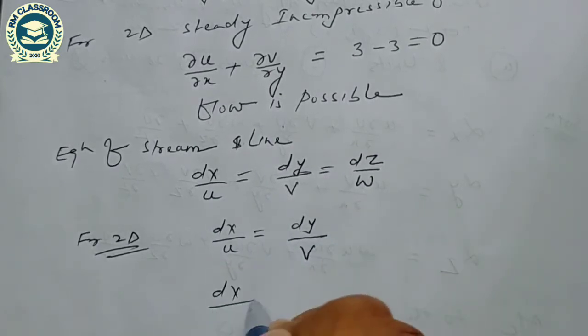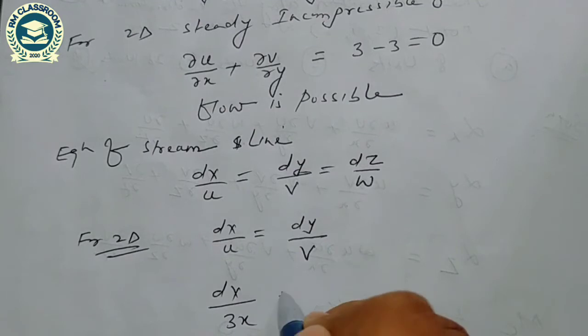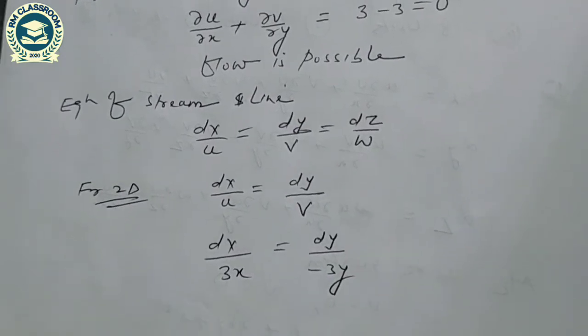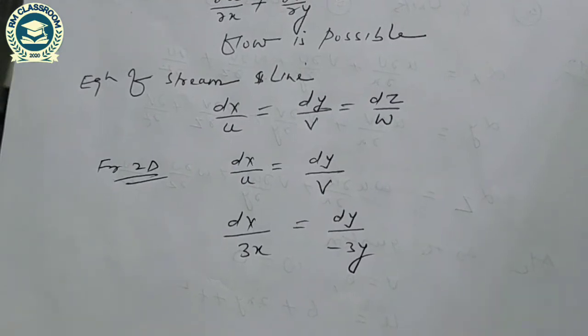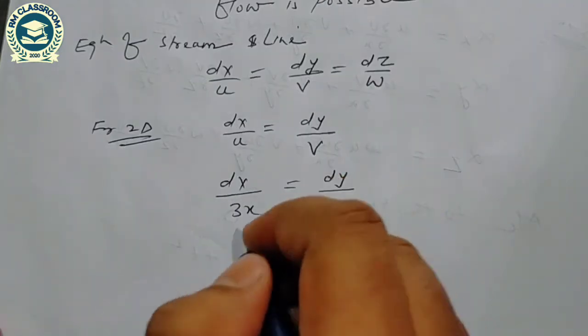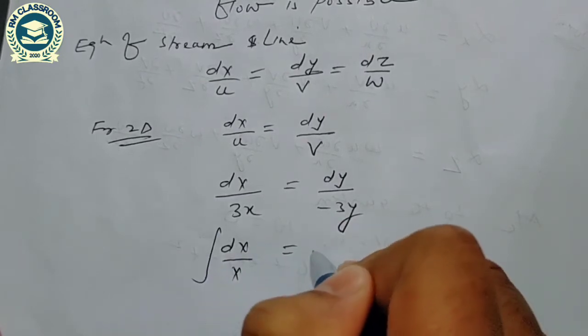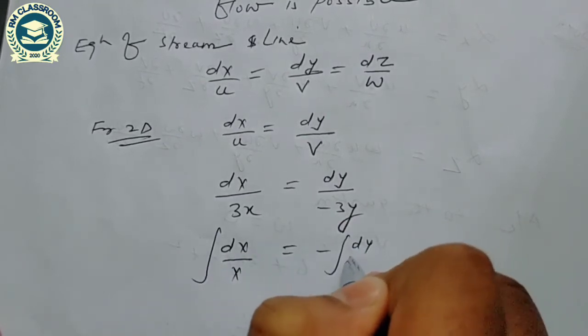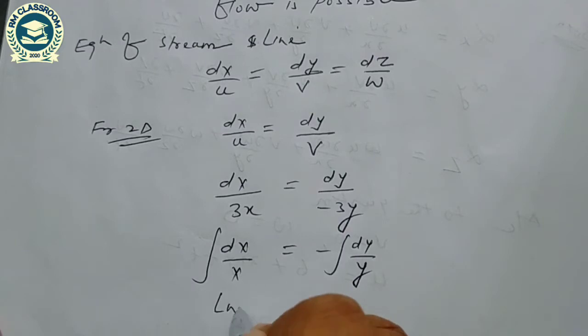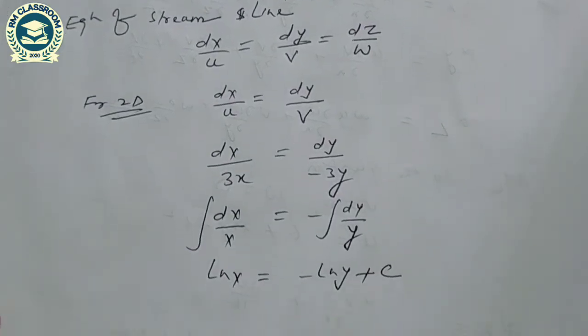So dx by u is 3x, equal to dy by v, which is minus 3y. The 3s cancel, so dx by x is equal to minus dy by y. So ln x is equal to minus ln y plus some constant c.